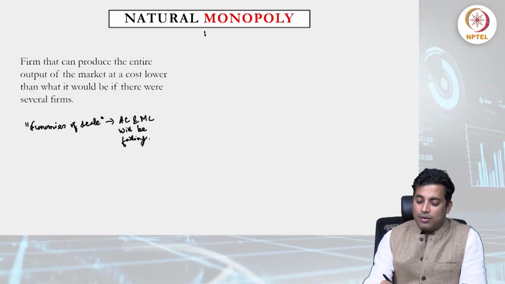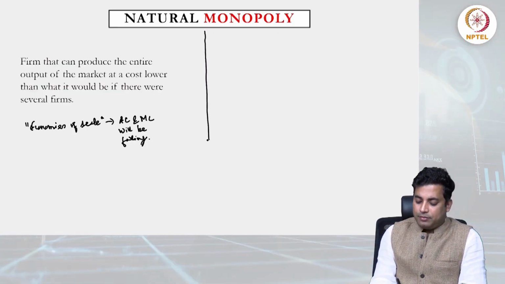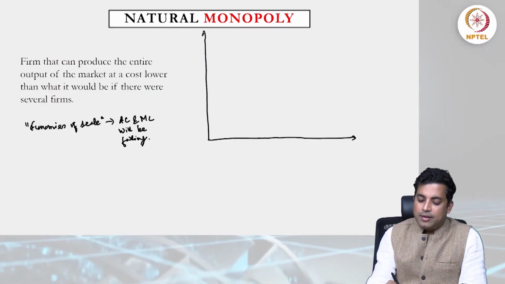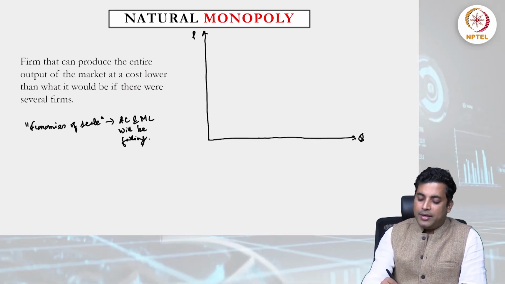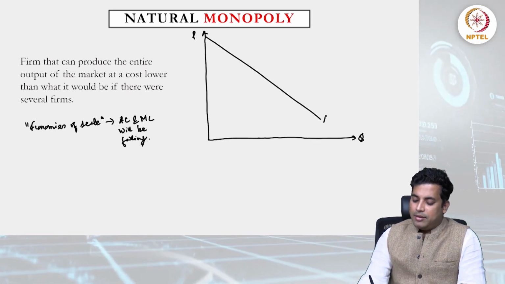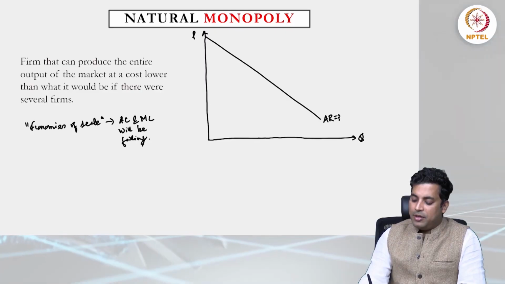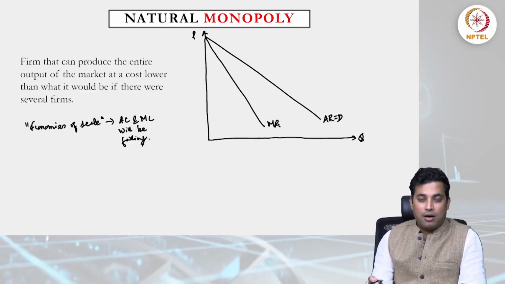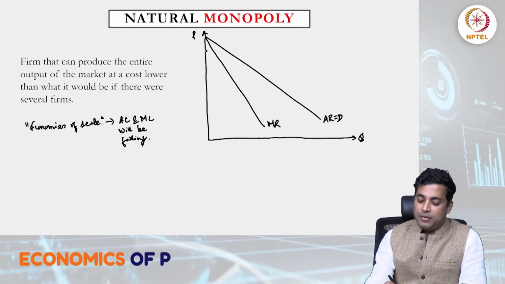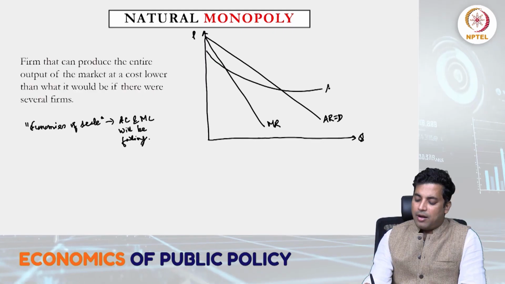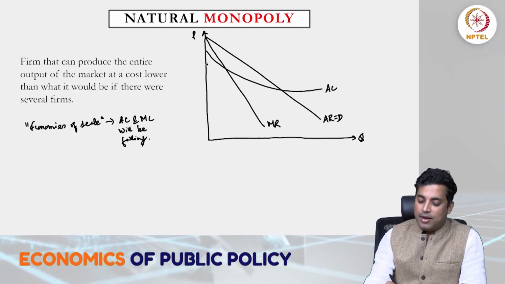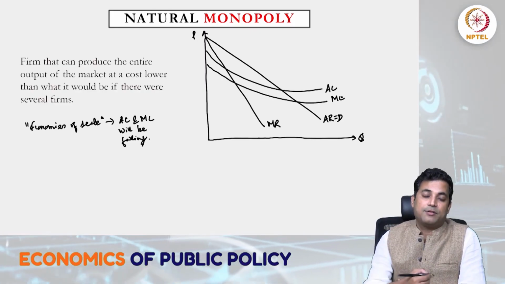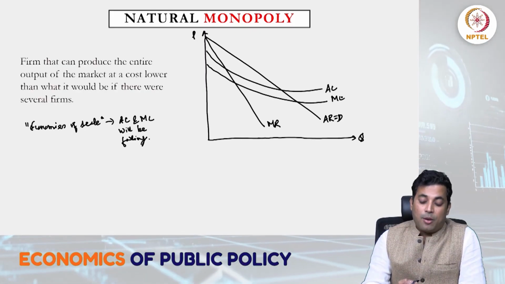So let us draw the same, price and quantity. Here is the demand, the average revenue, and here the marginal revenue, which is half of the average revenue. Here is the average cost, and here we have marginal cost, and both are falling because of the economies of scale.